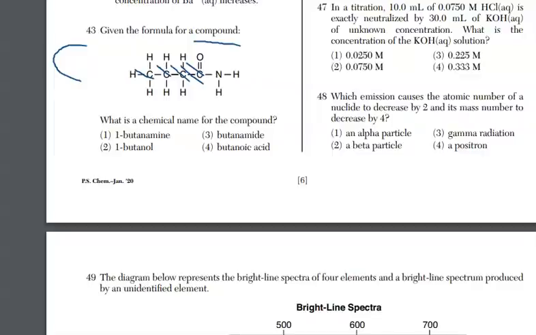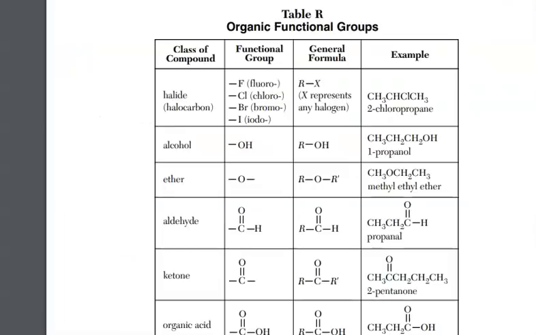And then we're looking to see what is the family or group that this compound is part of. Well, we have an oxygen here, and we have nitrogen. There is going to be only one class of compounds where we have both oxygen and nitrogen with carbons. Let's go take a look. Okay, so for our class of compounds, they're also referred to as functional groups. We're looking at reference table R. And we're looking for, remember, oxygen and nitrogen.